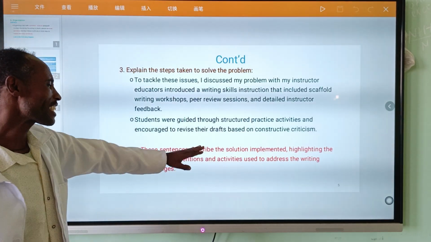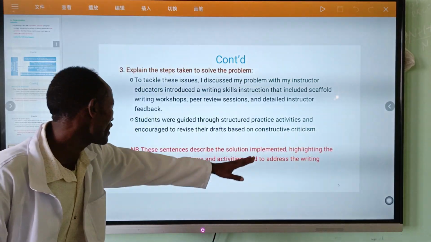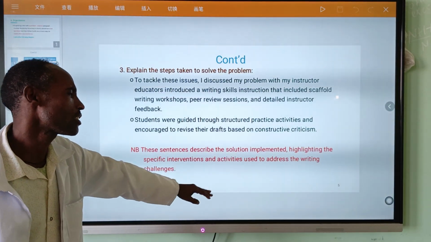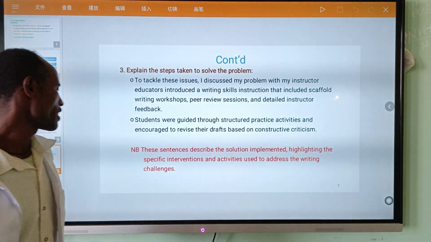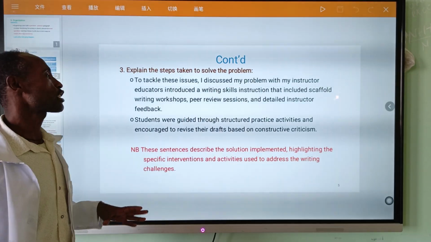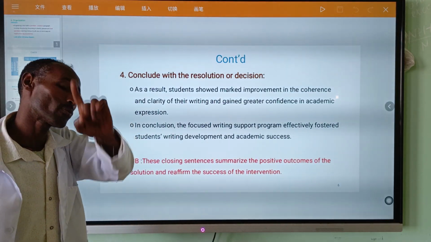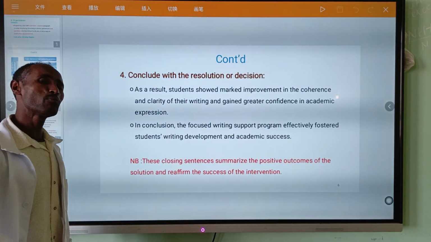Remember here, these sentences describe the solution implemented, highlighting specific intervention activities used to address the writing challenges. Therefore, explaining the steps in paragraph writing, particularly a problem solution paragraph, is very important.